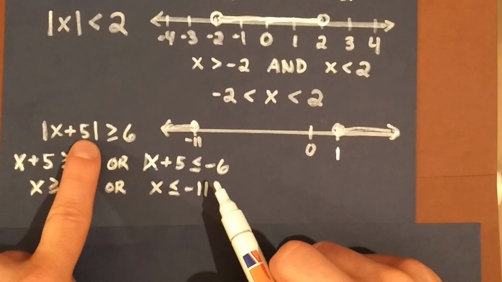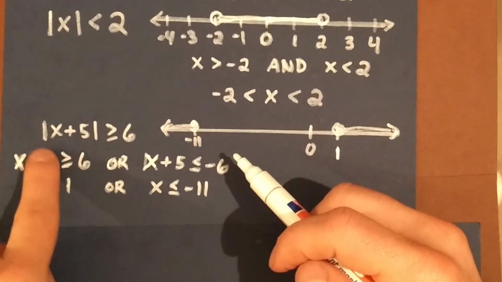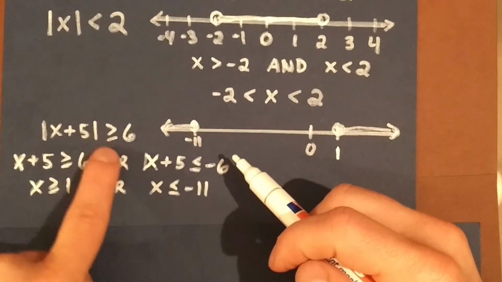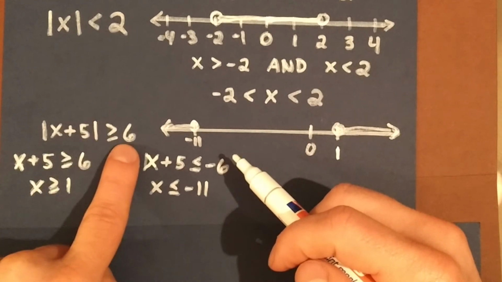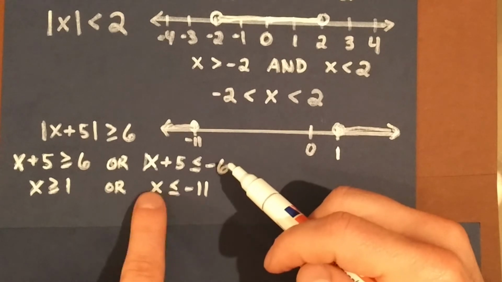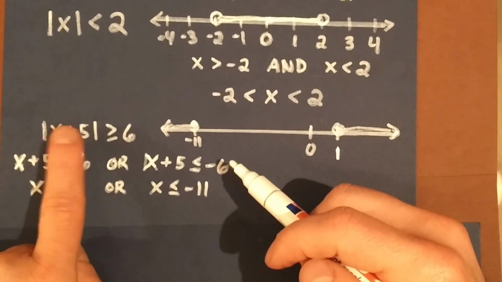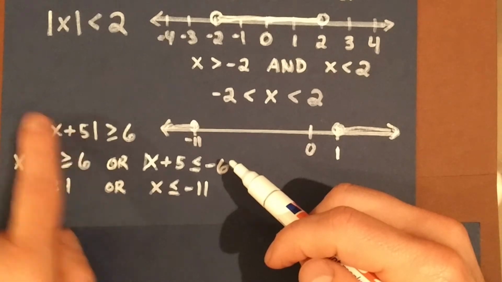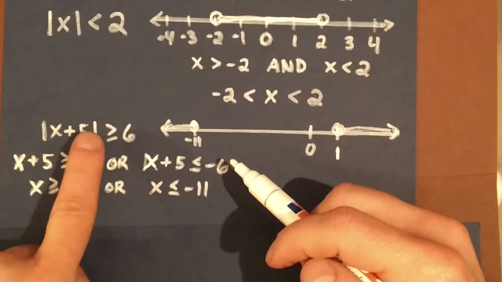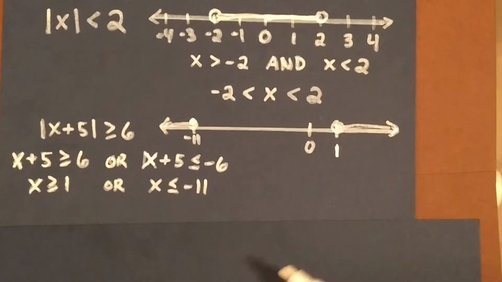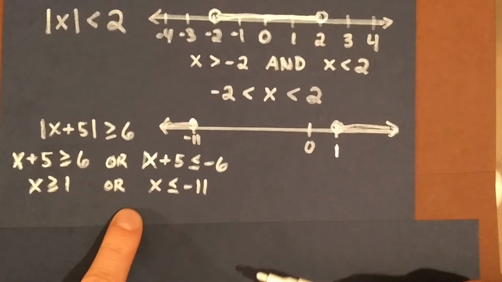Negative 11 plus 5 is negative 6. And the absolute value of negative 6 is 6, which is greater than or equal to, it's equal to 6. And if we put in values less than negative 11, negative 12, for example, we'll get negative 7. Absolute value of negative 7 is 7, which is greater than or equal to 6. So we have this solution.